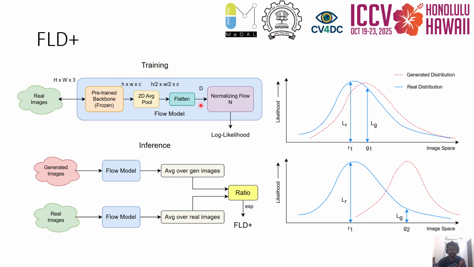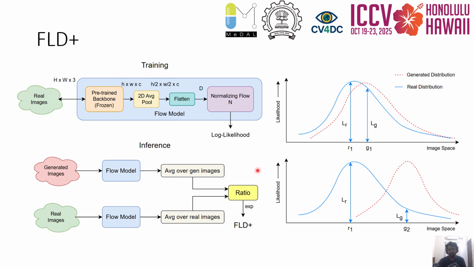Once we train the flow model, we pass the generated images and real images through it and compute the log likelihood of the images, both generated and real, and compute the ratio to get the FLD plus metric.